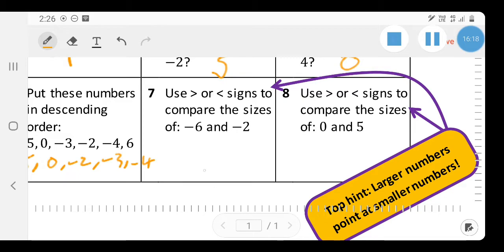So, if I have a big number, it points at the small number. And there's another way you can do that. If the big number is on this side, it points at the small number on this side. So there's always two ways that you can compare the sizes of two numbers using greater than and less than signs, okay? So for these couple of last questions, I'm going to give you the answer in two different ways.